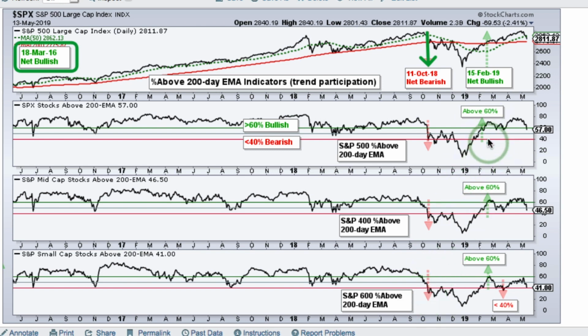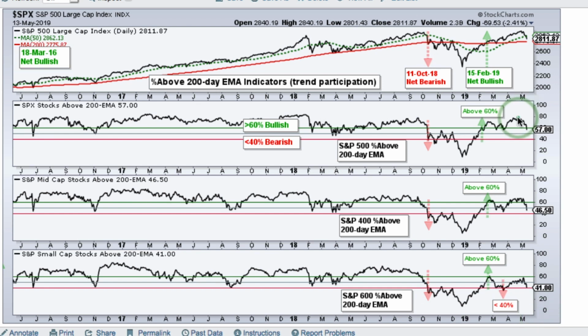But since then, all 3 have moved back above plus 60%. First, it was the S&P 500 leading, and then the S&P Mid-Cap 400 and small caps. But small caps weakened quickly, and you can see they got below 40% in March. And so that's why the indicator table only shows 5 of 9 indicators currently bullish.